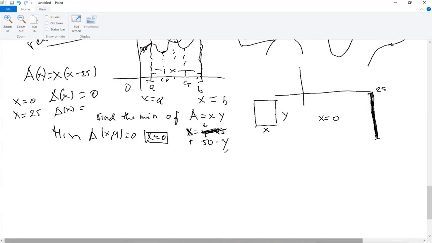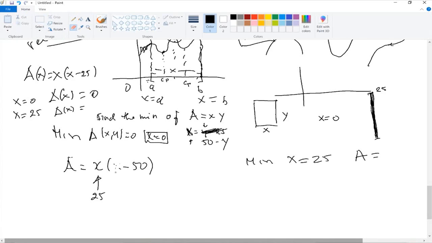Right? Yes. The answer for max was at x equal 25, and gives me A equal 625, when I put 25. This is 50 minus x.